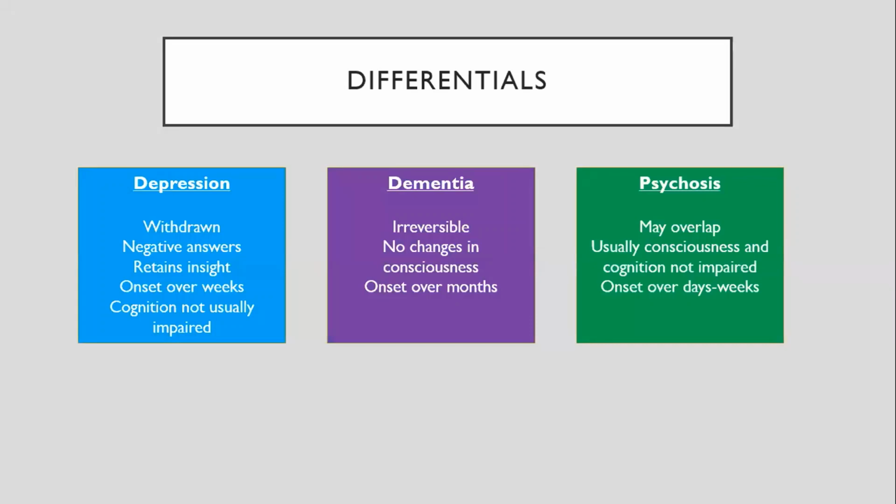If this is progression of dementia, they rarely have changes in conscious level, and the onset is generally over months rather than an acute decline. But it may be that for whatever reason they've ended up on your medical take because nobody is able to manage their care, for example, or people are concerned about their safety. And then psychosis, which may overlap, but usually the consciousness and cognition are not impaired, and again, the onset may be over days or weeks.